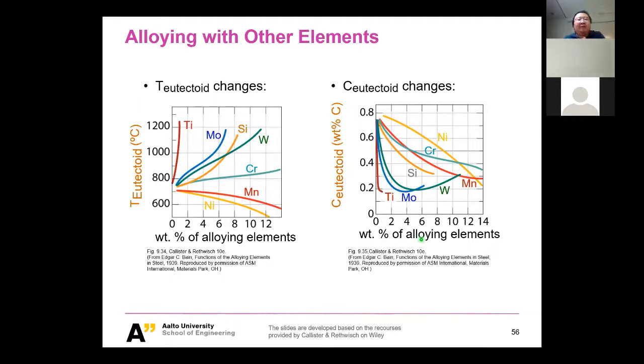Just have an impression of that, because maybe when you really do something on this in the future, you will see an iron carbon phase diagram completely different from what you learned today. Don't be surprised, because they are changed with other alloying elements.